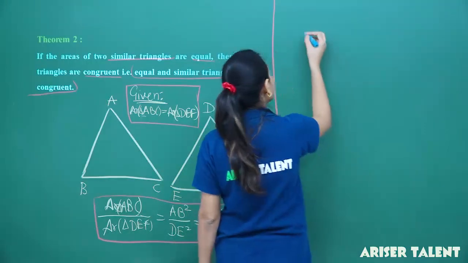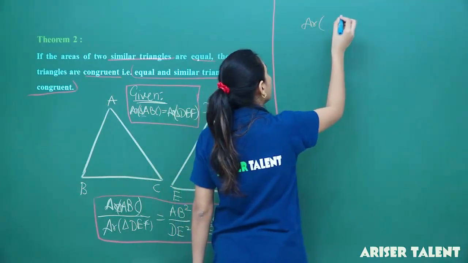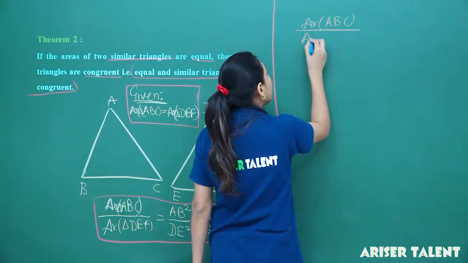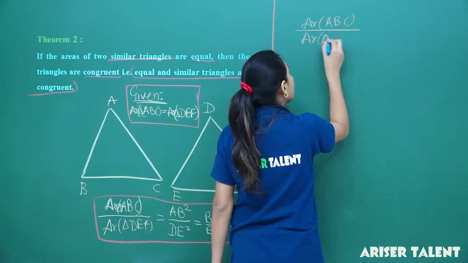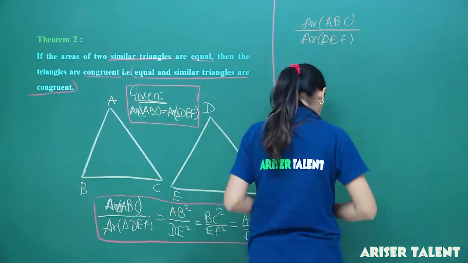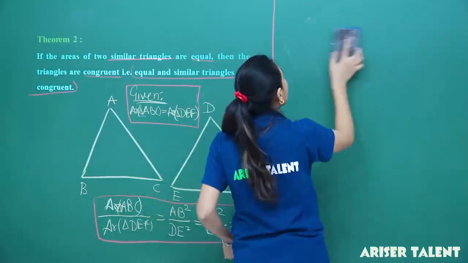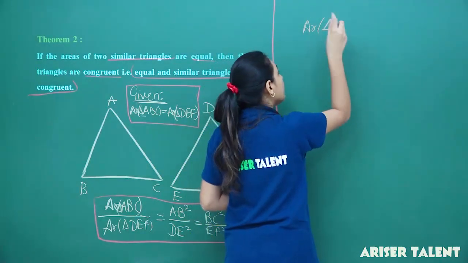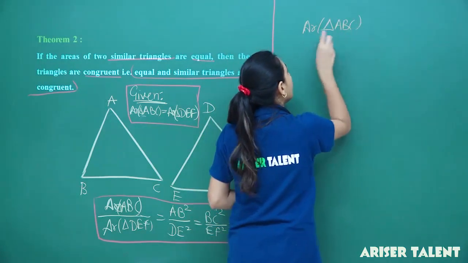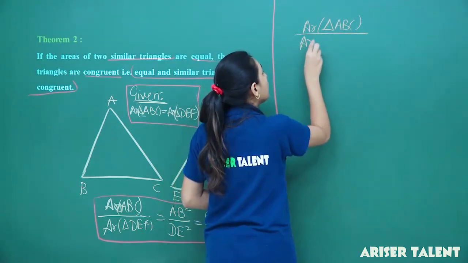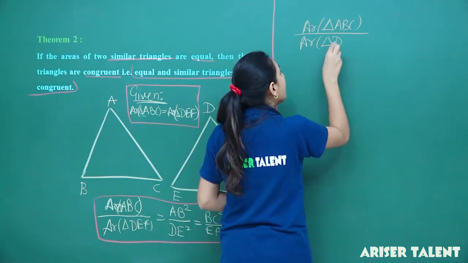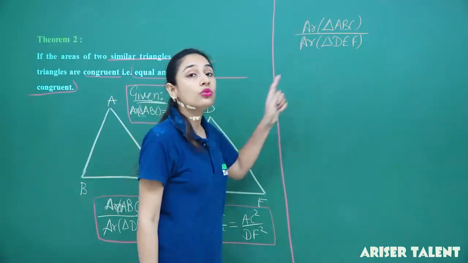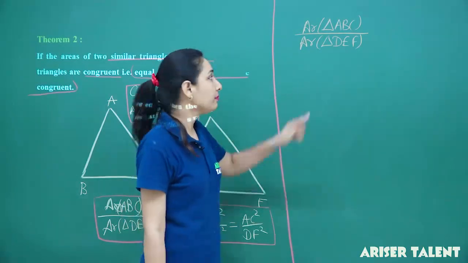What we have is area of triangle ABC divided by area of triangle DEF is equal to what? These two triangle areas are equal.